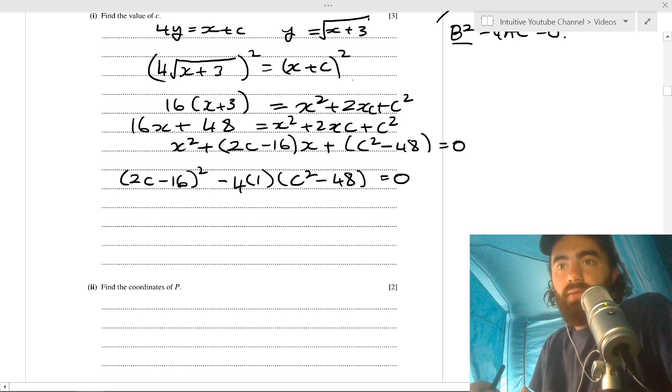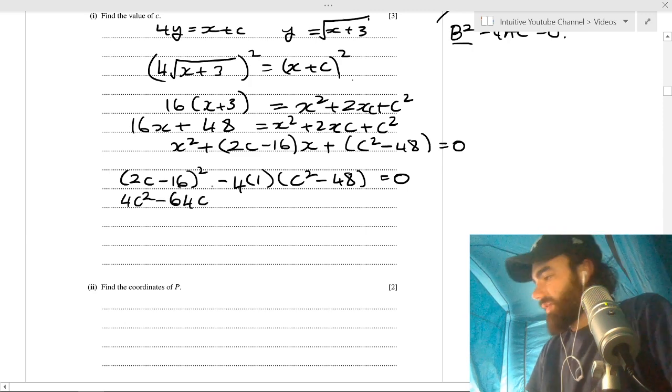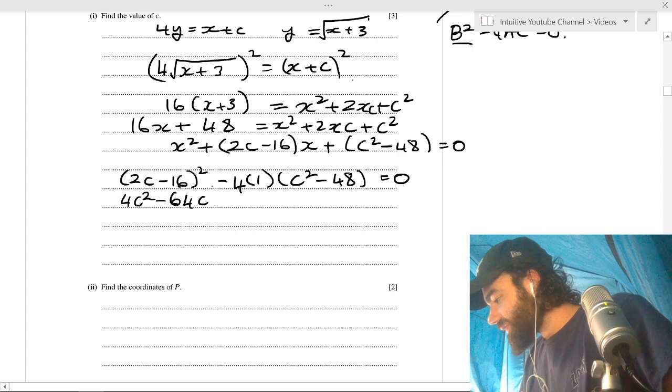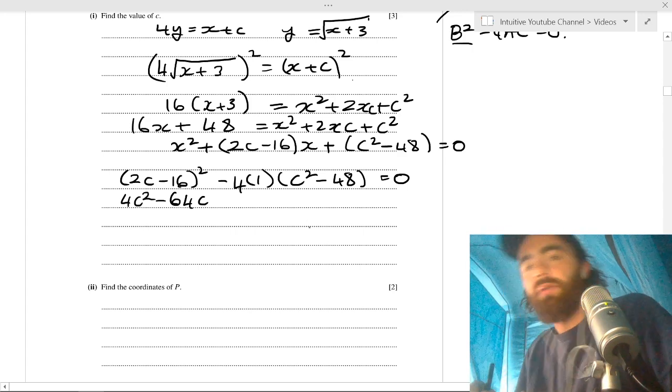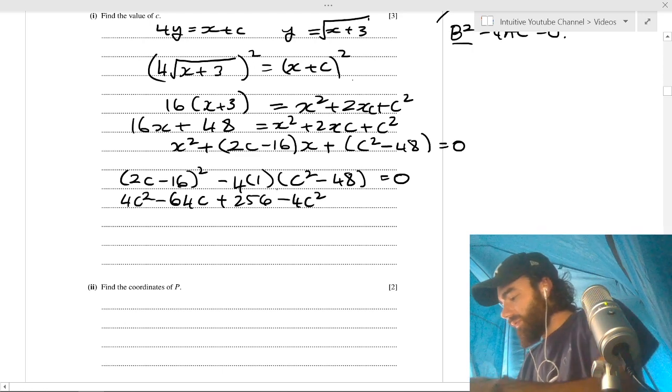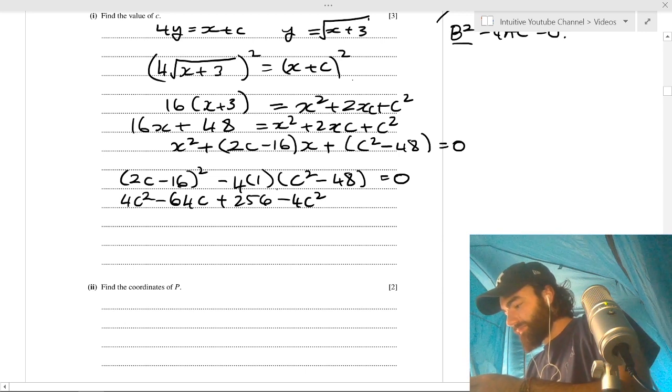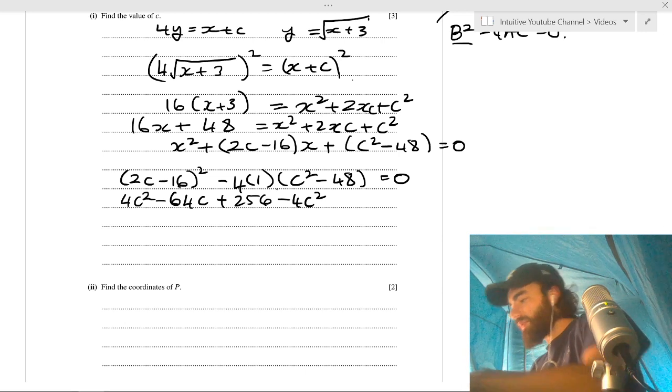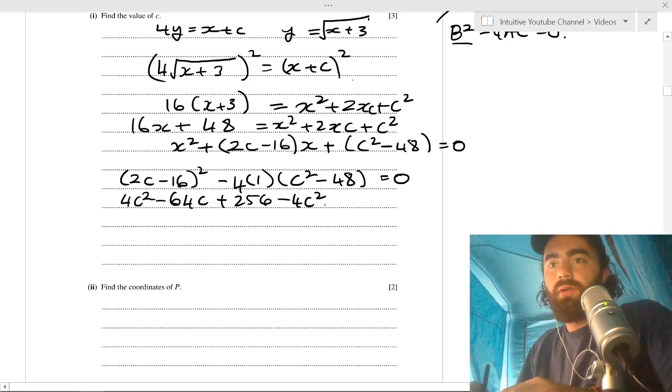So let's expand this out, simplify this, and we'll get a value for c. So this will be 4c squared, minus 32 times 2, minus 64c, and then 16 squared is plus 256. And then we've got minus 4c squared, and then 4 times 48, plus 192.